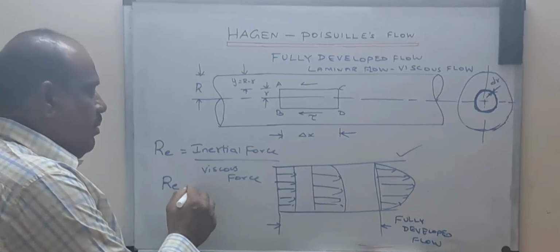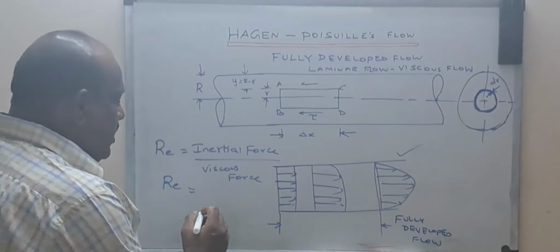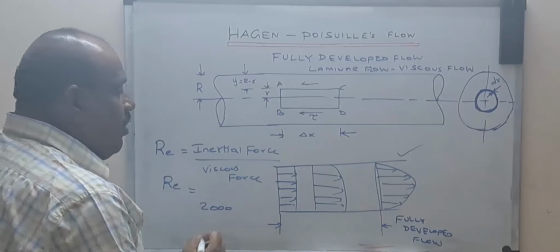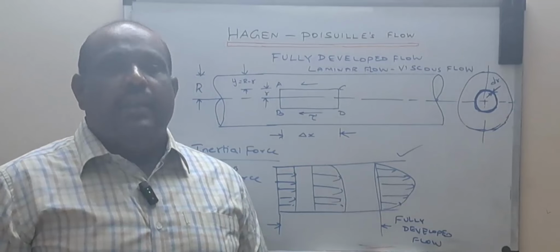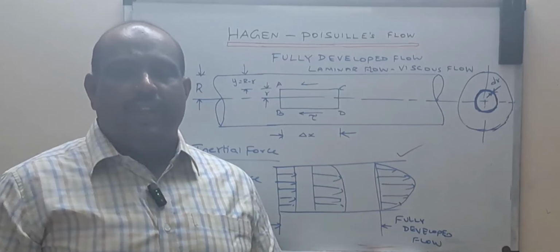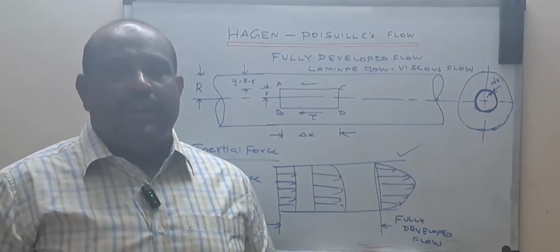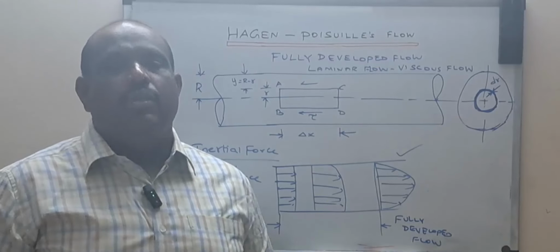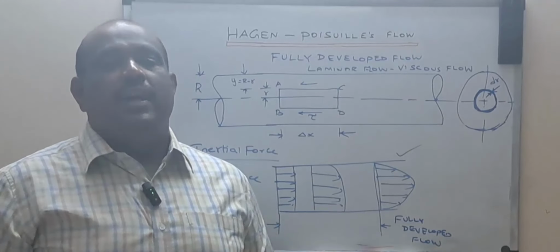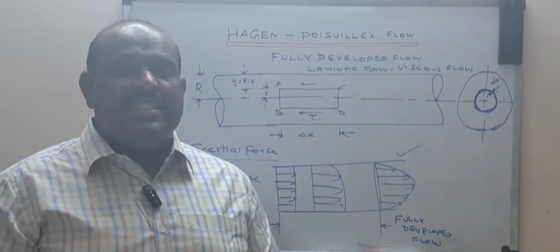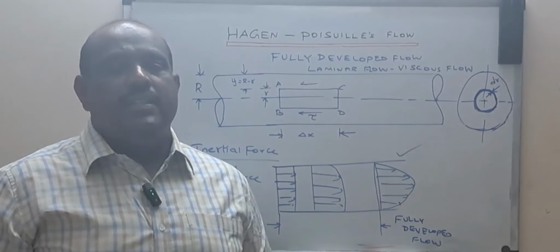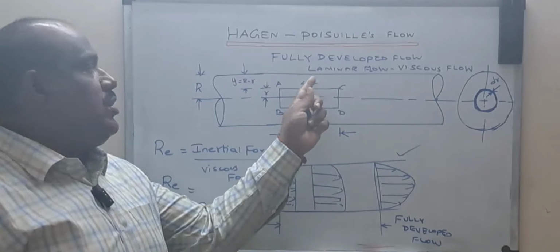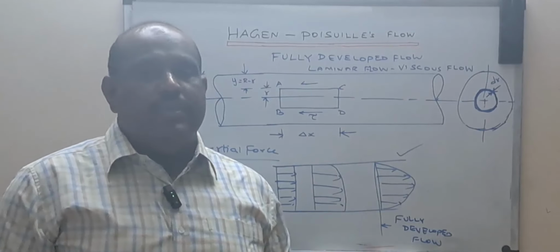If this value is less than 2000 for flow through a pipe, then the flow can be considered what? Laminar flow. In our case also, since it's viscous flow, the Reynolds number should be very much less than 2000 for the flow to be laminar inside a pipe. So the flow is also called either laminar flow or viscous flow.